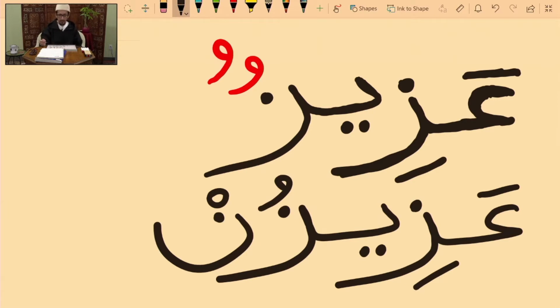And I told you that noon at the end is called tanween. Adding that sound at the end, the sound of noon, is called the phenomenon of tanween. And that tanween is a tool in Arabic language.